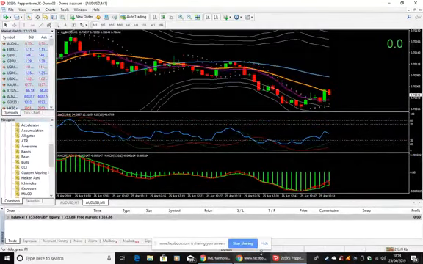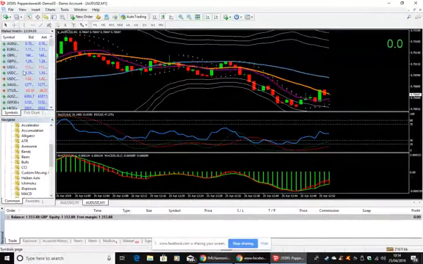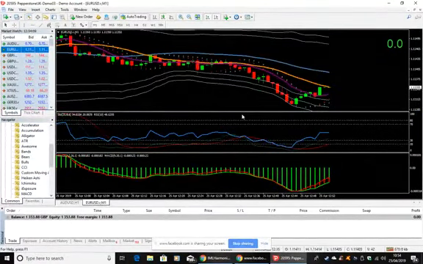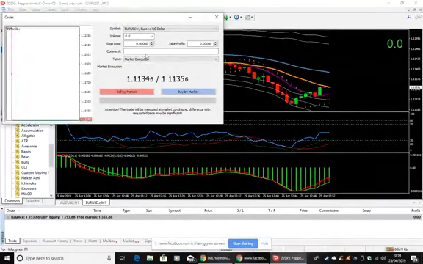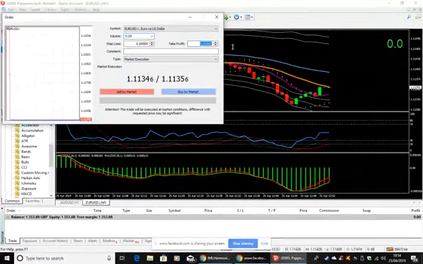Right, so we were looking at, let's take a look, the Euro USD. Five pips, take profit.